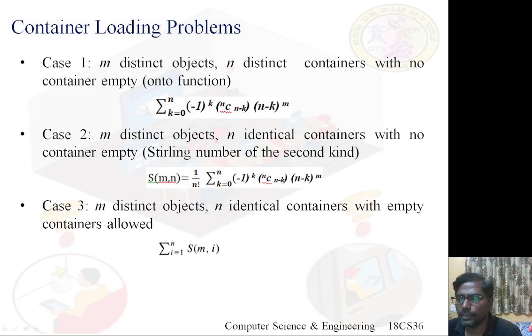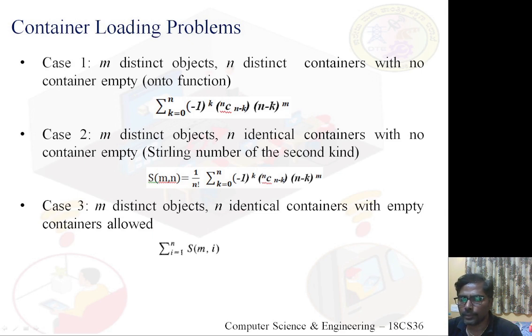Okay. So coming to case 1. In the first case, as I said, all m objects are distinct. I mean all m objects are unique. And in the first case, even the containers are distinct. I mean all containers are also distinct.